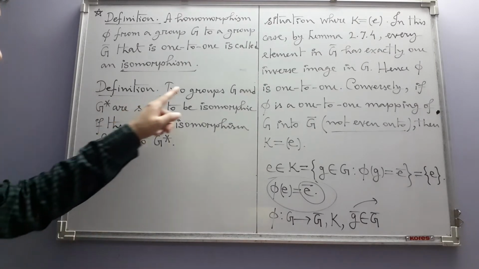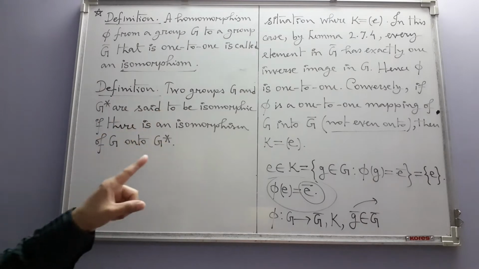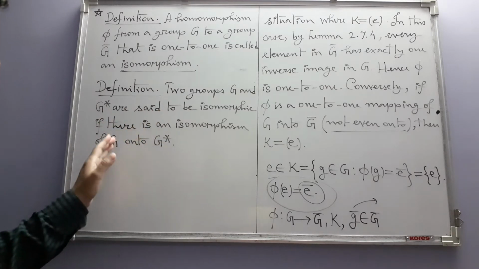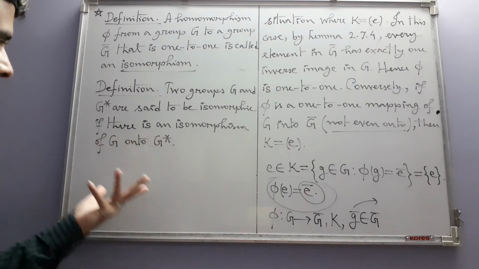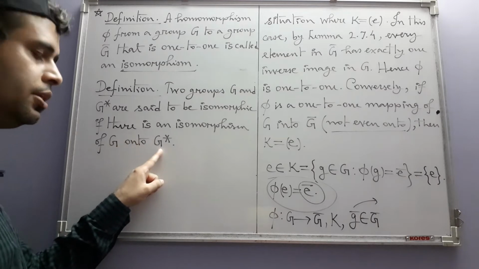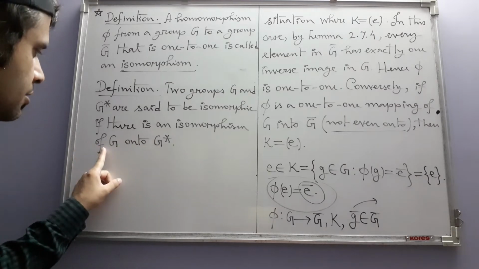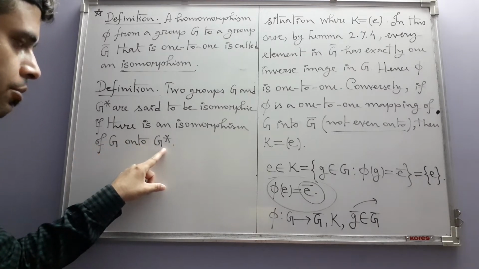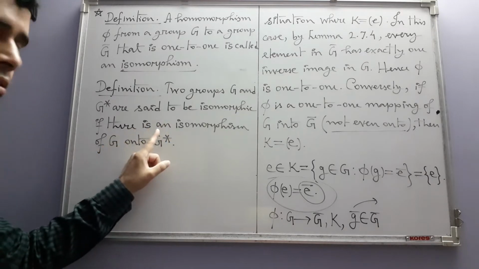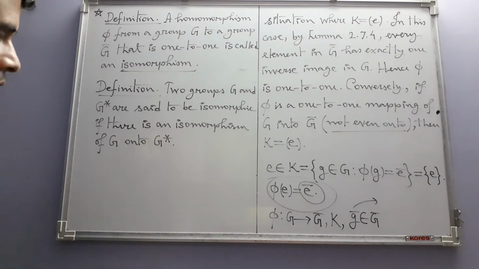That means there is a bijective homomorphism of G onto G star whose domain is G and whose codomain or range, whatever you may call that, is G star. That is, the second set is G star.